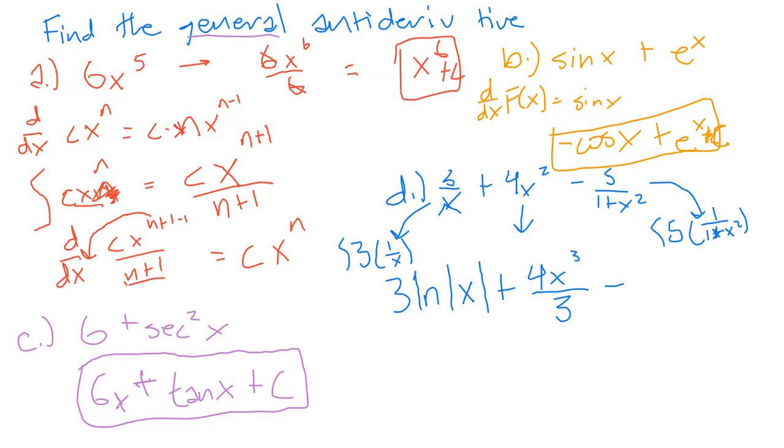Is there any function where if we take the derivative, we get 1 over 1 plus x squared? Well, that is going to actually be arctangent. The derivative of arctangent of x is 1 over 1 plus x squared. So therefore, you're going to have your arctangent of x and your 5 coefficient. And then, of course, your plus c.